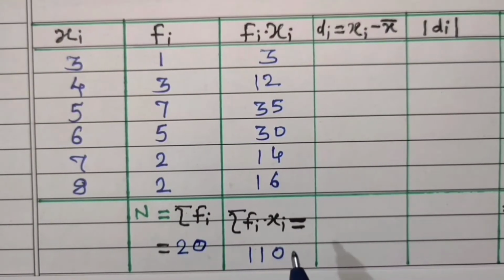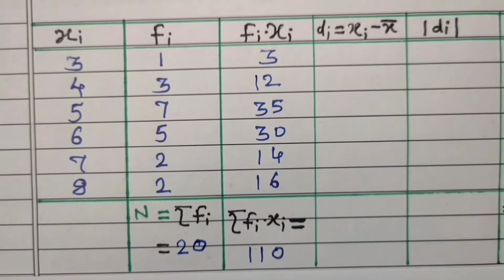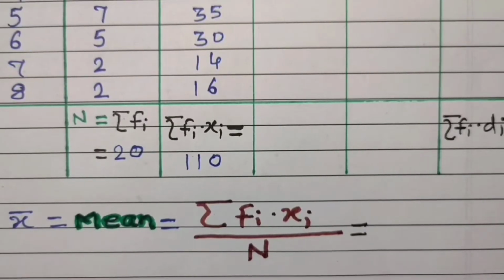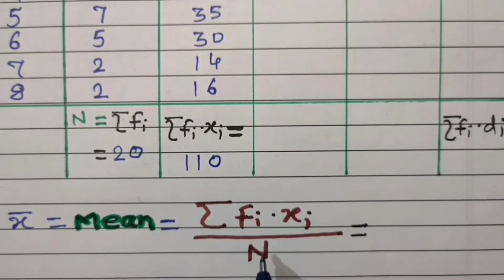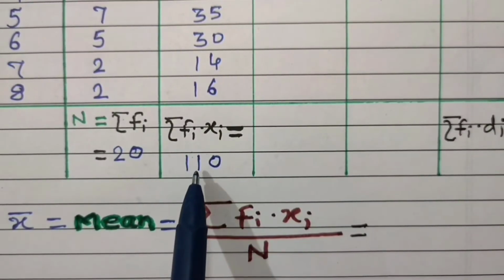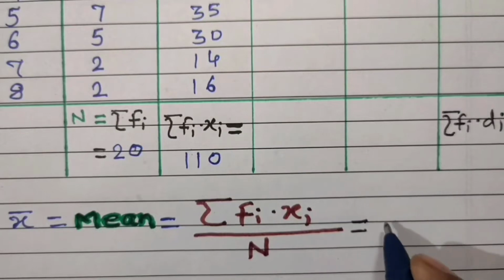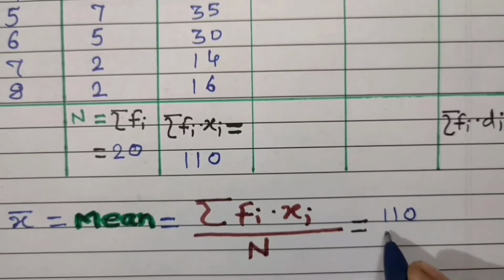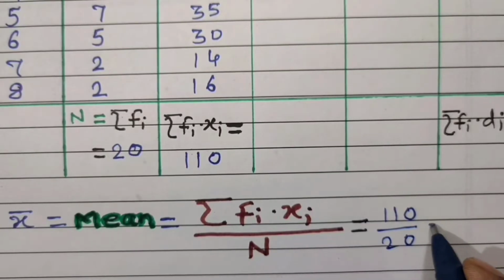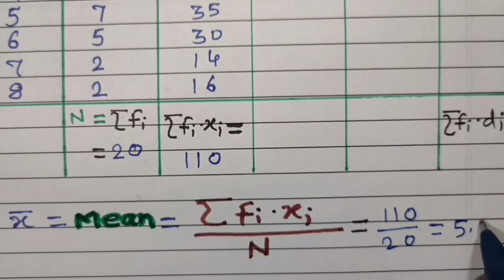Okay, now first find x bar. X bar means mean of the distribution, given by summation of fi into xi divided by capital N. But summation of fi into xi is 110, so this is equal to 110 divided by 20. 0, 0 gets cancelled, and this is equal to 5.5.